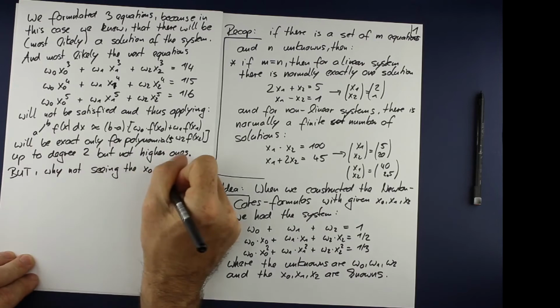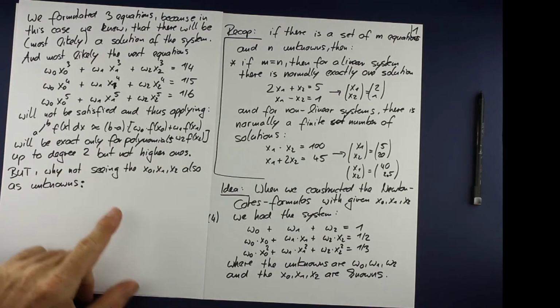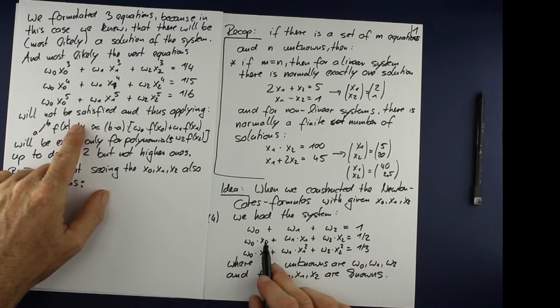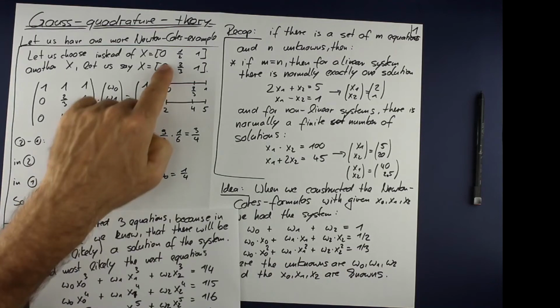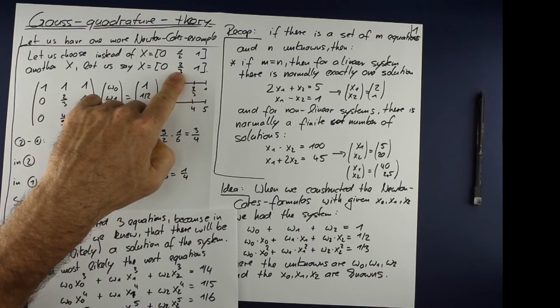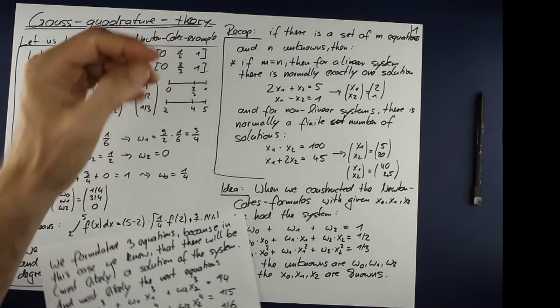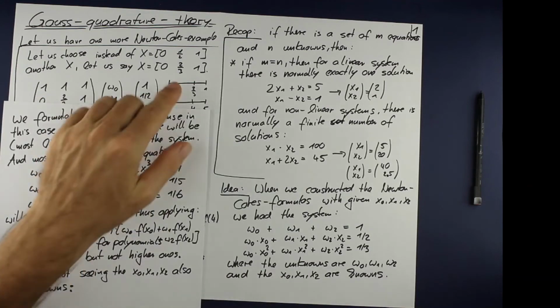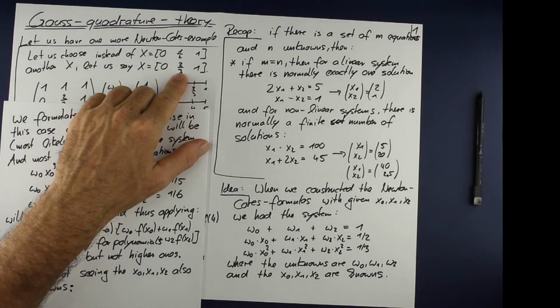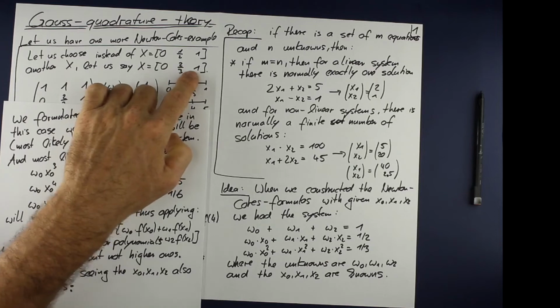And now the great idea. If we see x0, x1, and x2 also as unknowns, here we learned that with a clever choice of x1 we can get better formulas. Then okay, let's say x1 shall be whatever it will be, x0 and x2 also.